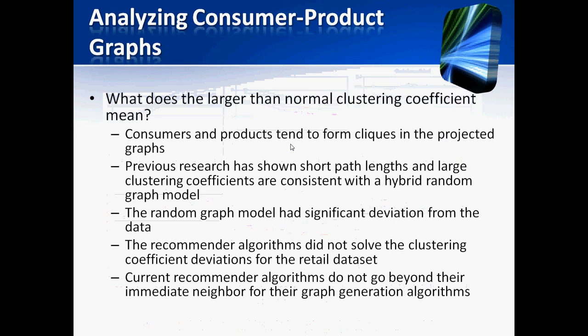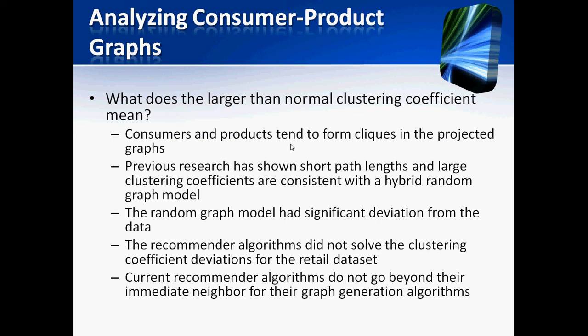Consumers and products tend to form cliques or groups in projected graphs. Previous research has shown short path lengths, large clustering coefficients are consistent with the hybrid random graph model. They tried a random graph model where you could specify degree and sequence. It still had significant deviation from the data, especially the clustering coefficient, which is what we're focusing on here.